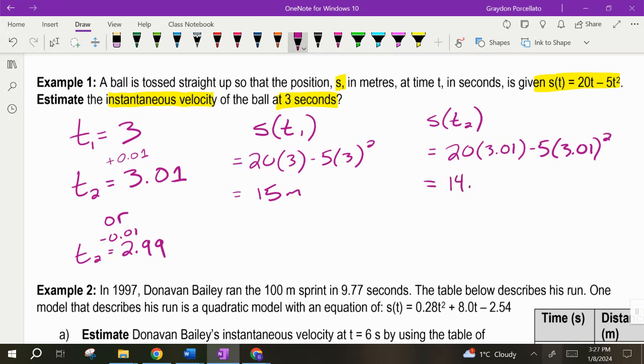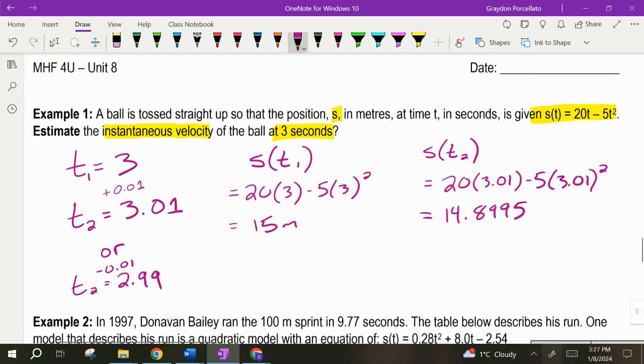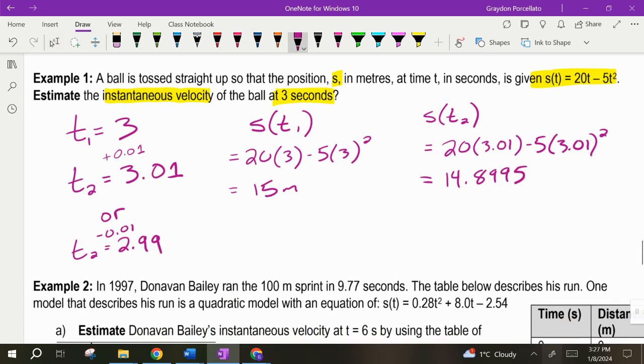That gives me 14.8995. Now that I know my values, I know my 2 points. So my 2 points now are (3, 15) is my first point, and (3.01, 14.8995) is my other point.